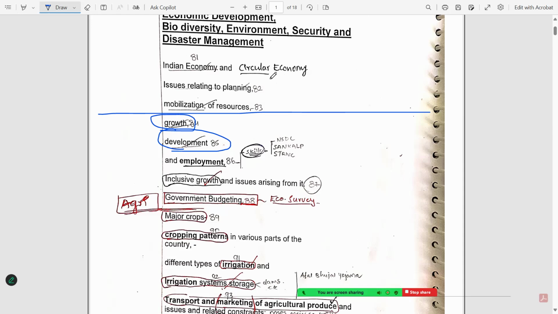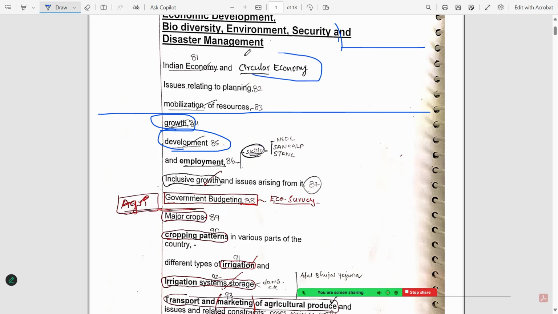So topics 81, 82, 83 are completed. The main task is to focus on those keywords, and if some question is asked, we should be able to answer in points, one, two, three, four, five. If we can say the keywords, then it is done.